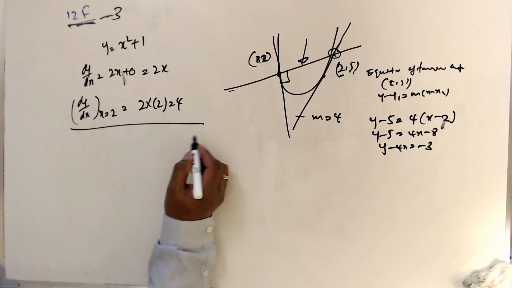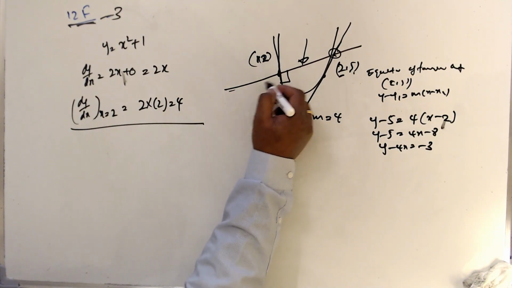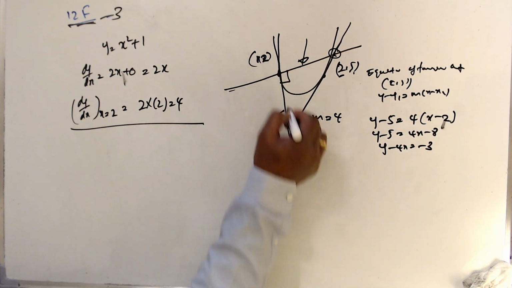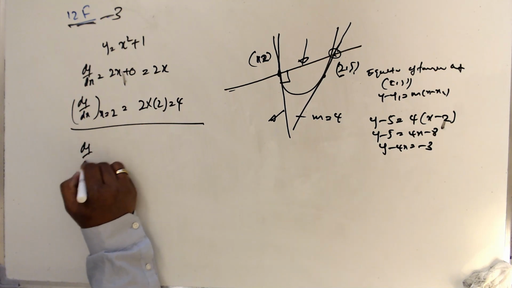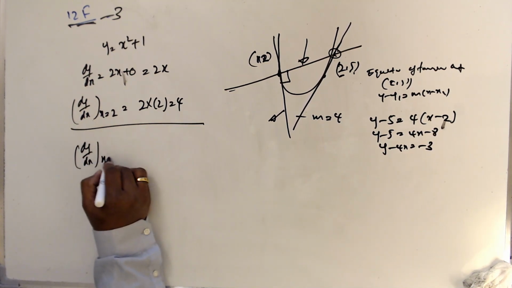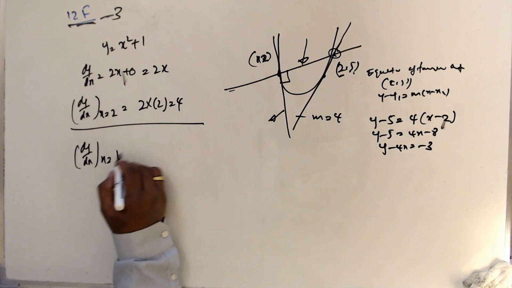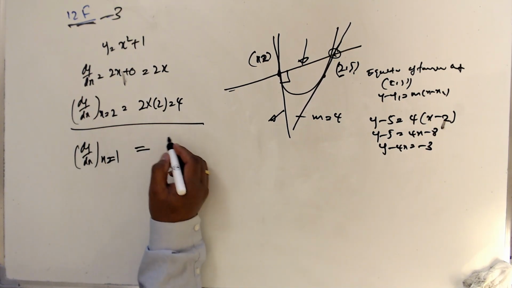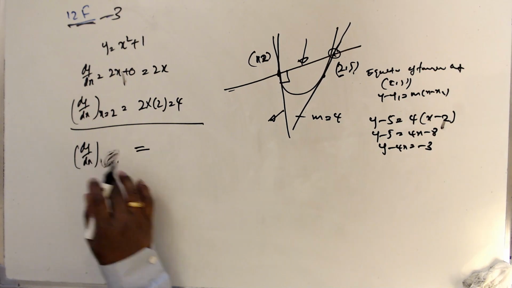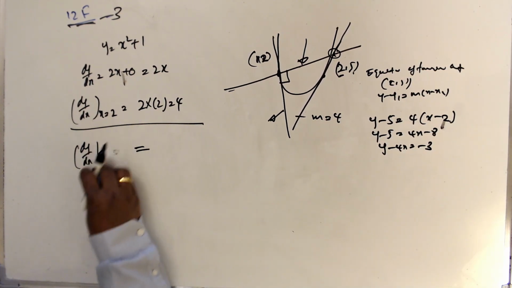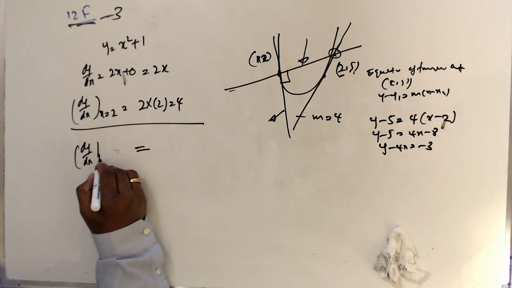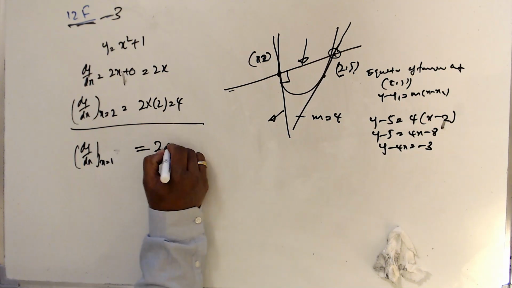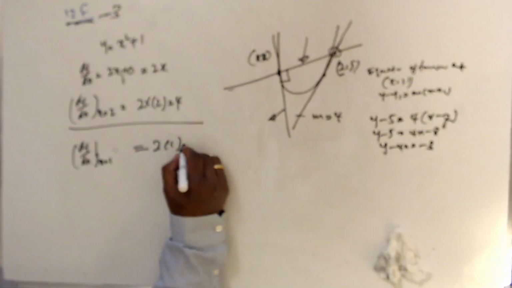So to find this gradient, we need to find the tangent line gradient first. So dy/dx at x equal 1. So you have to write very small letters here, I'm writing very big. x equal 1, so 2 times 1, which is 2.